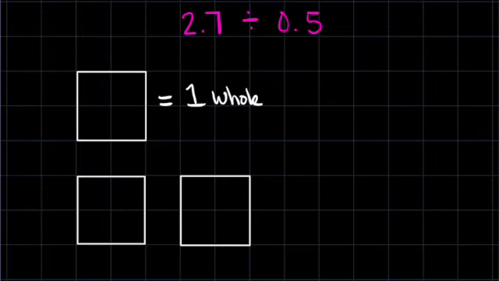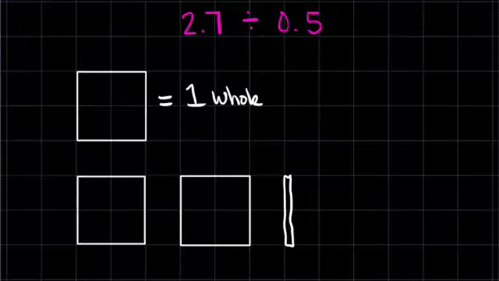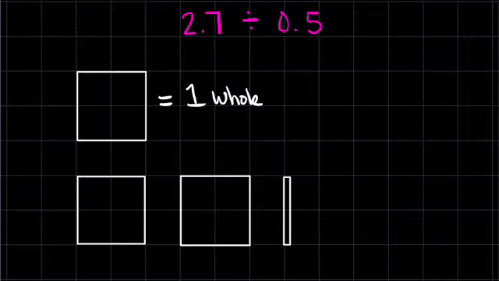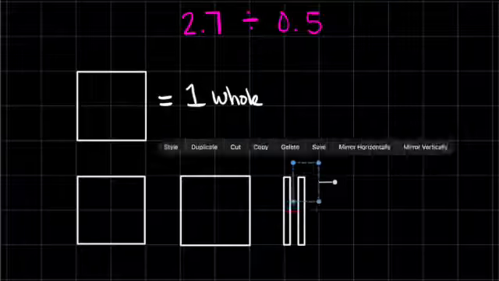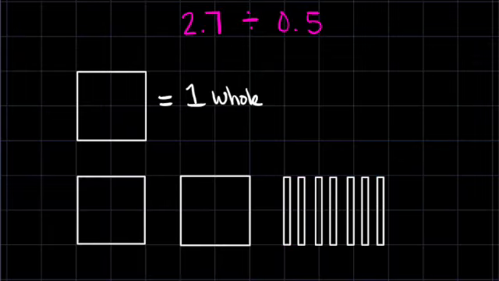And then because the flat equals 1 whole, then my long will equal 1/10 because it takes 10 longs to make a whole. Therefore, one of them equals 1/10. 7/10.